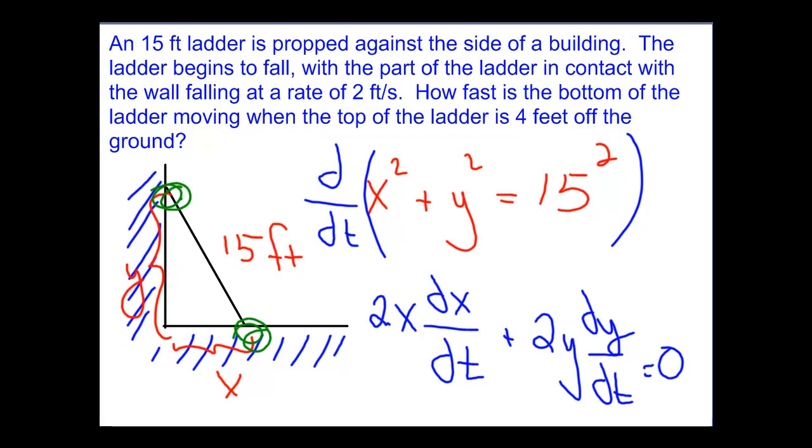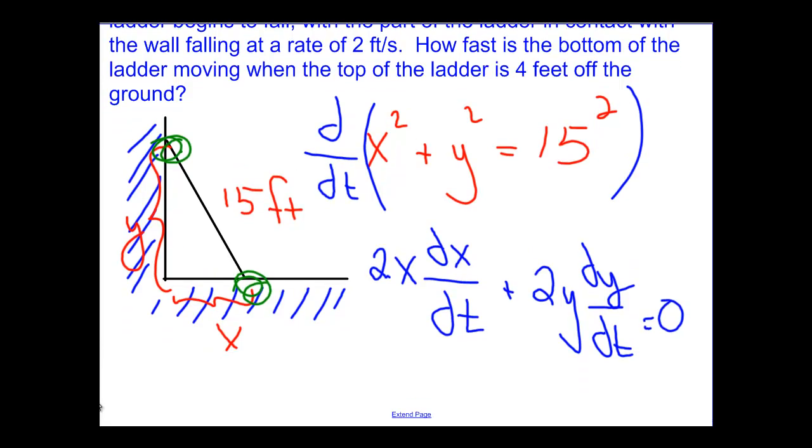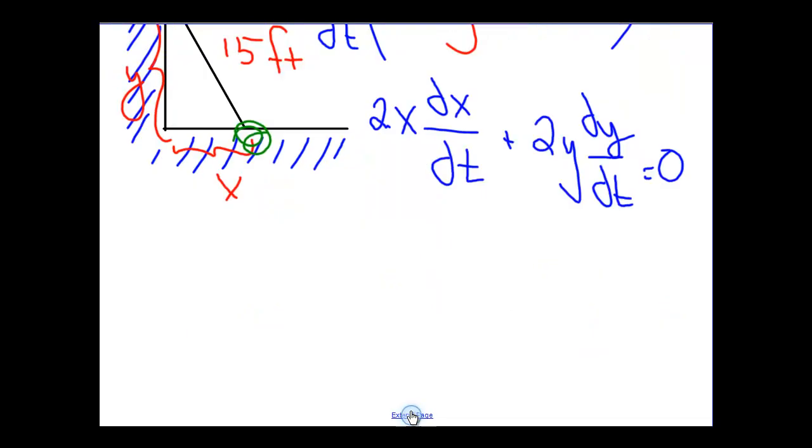So now we can look at this relationship and relate these variables a little differently. We're interested in how fast the bottom portion of the ladder moves with time. This is the rate of change of the bottom portion. This is the change in position of the bottom with respect to time.